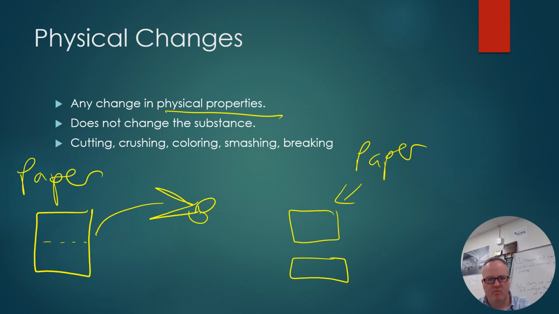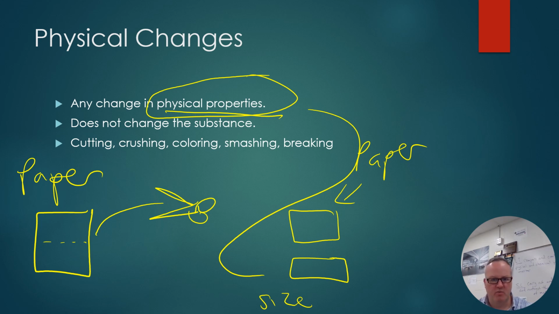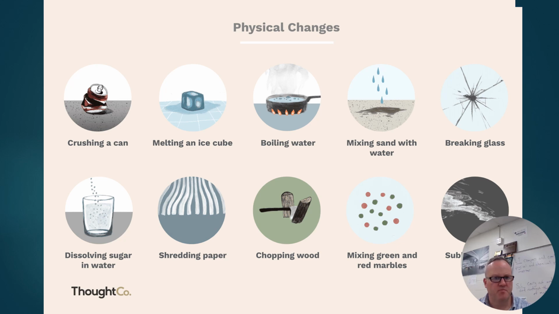It's still the same, it just changed in size. And because size is one of those physical properties, and all you did was change a physical property, this is therefore a physical change. It does not change the substance, it's still the same substance, but any cutting, crushing, coloring, smashing, breaking, those are all great examples of physical changes.